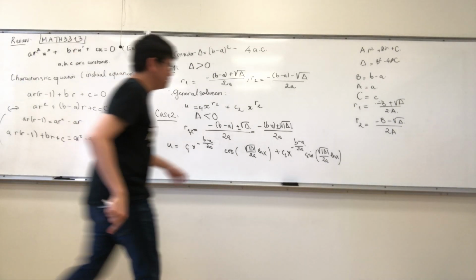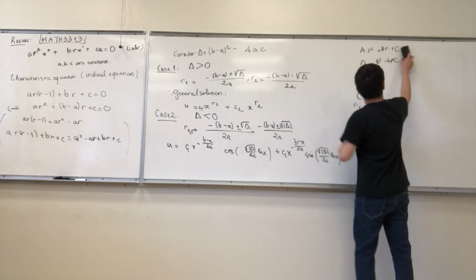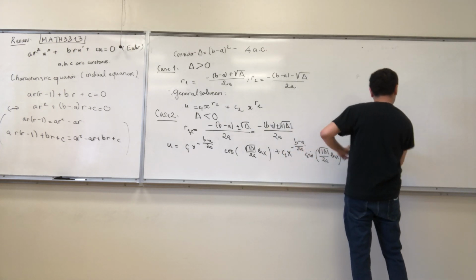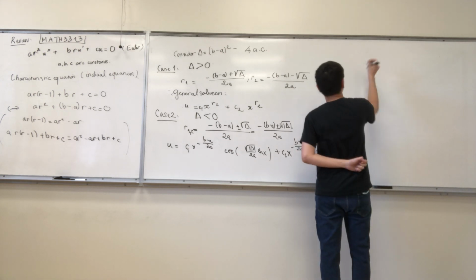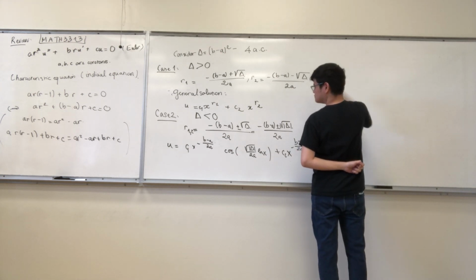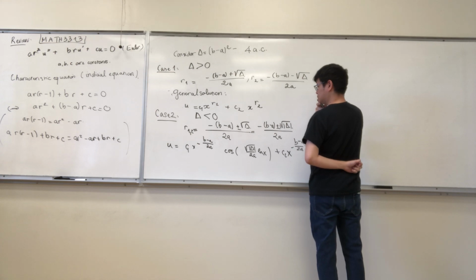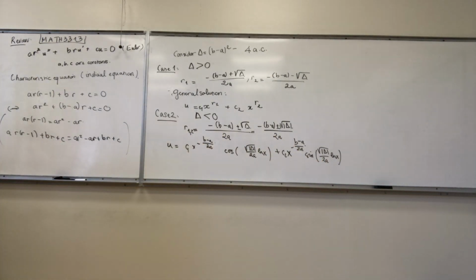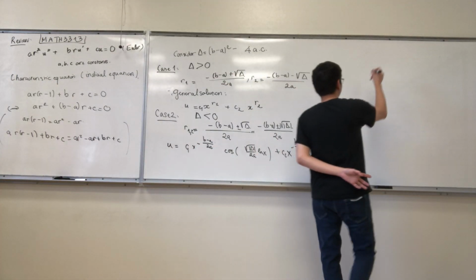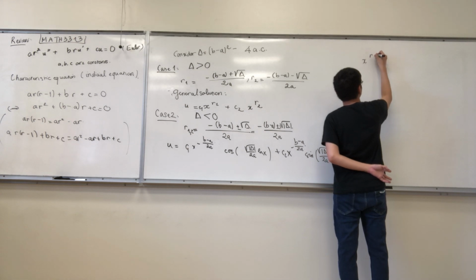So the reason is that in the previous formula, right? You have x to the, no, I think this is wrong, right? So you have what? You have x to the r1, right?